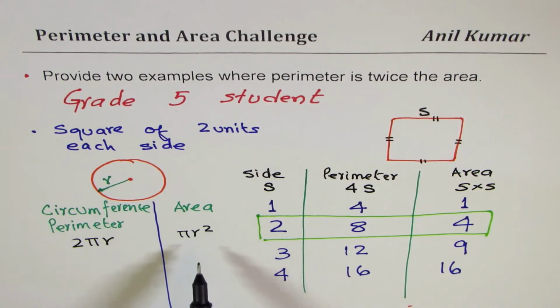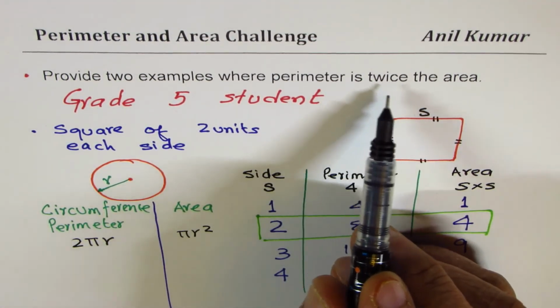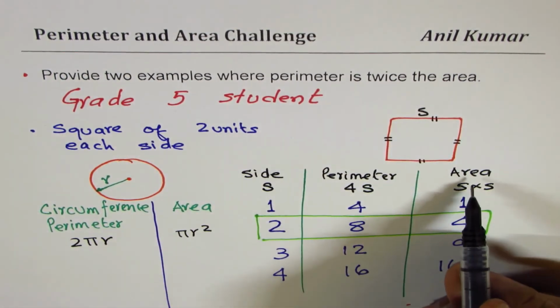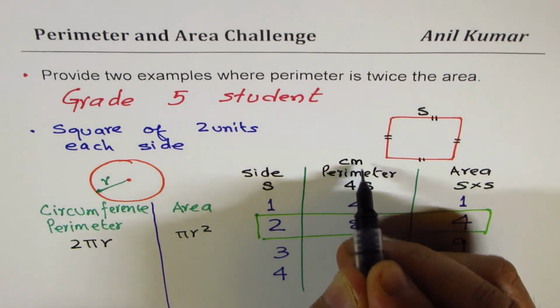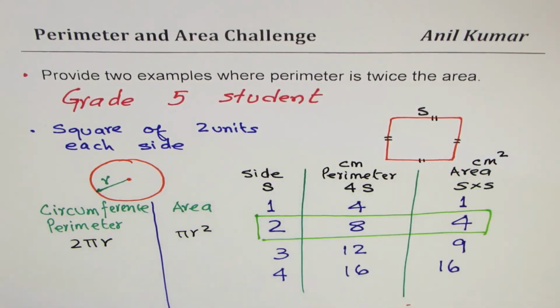Now, remember one thing, when we say perimeter is twice, we're only comparing numbers, not units, okay? Because units for perimeter, if you take a centimeter, then the area units will be centimeter square. So the units will be different, right?